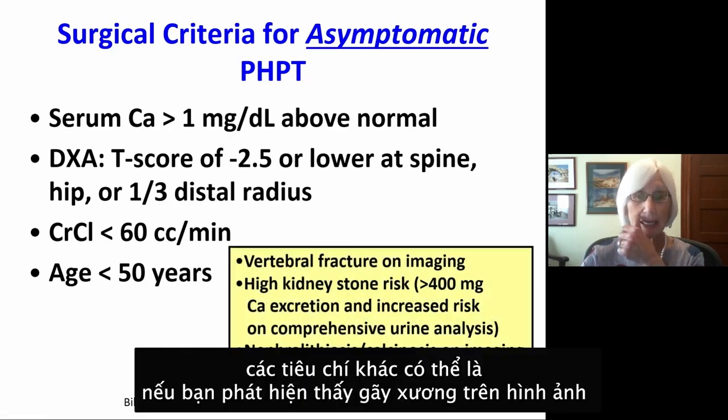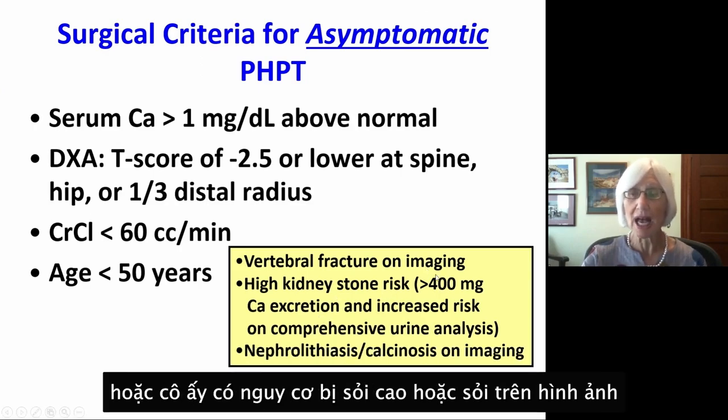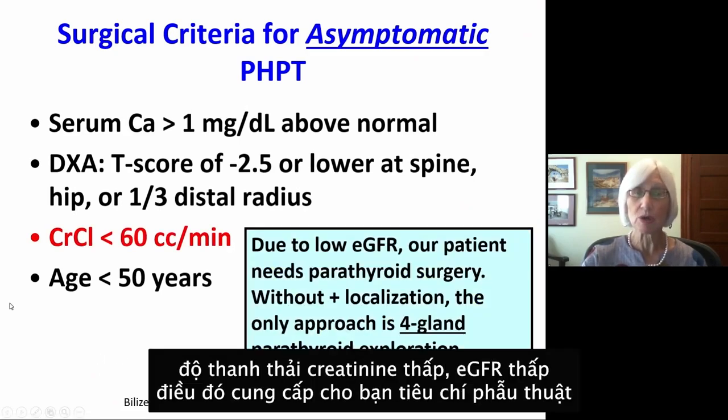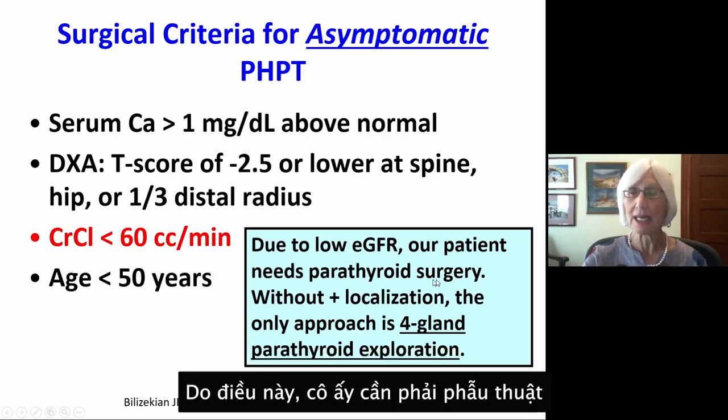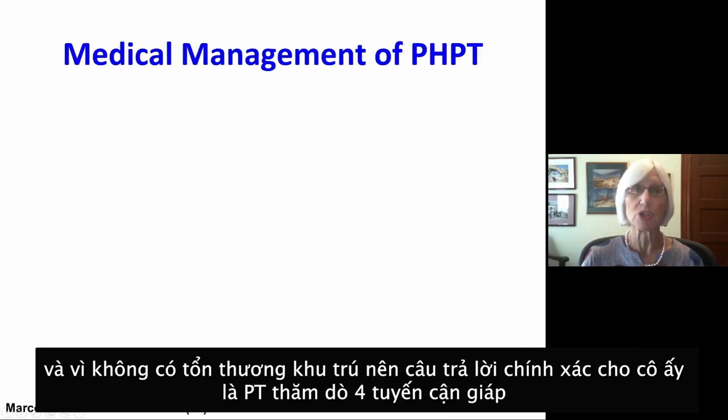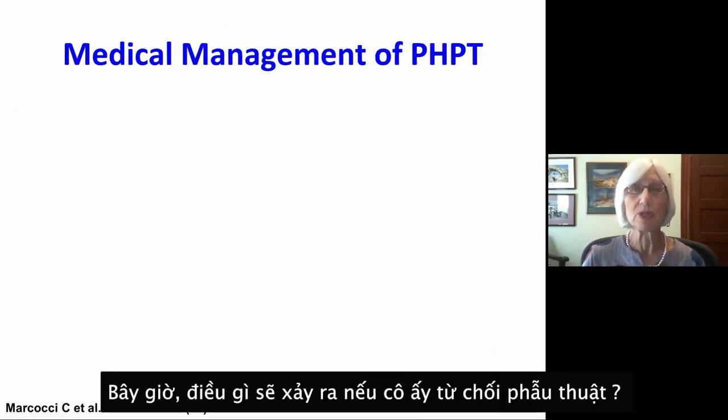Other criteria can be if you find that fracture on imaging, or if she has high stone risk, or stones on imaging. So in this patient, it was the creatinine clearance being low, the low GFR, that gives you the criterion for surgery. Due to this, she needs surgery, and since nothing localized, the correct answer for her is a 4-gland parathyroid exploration.